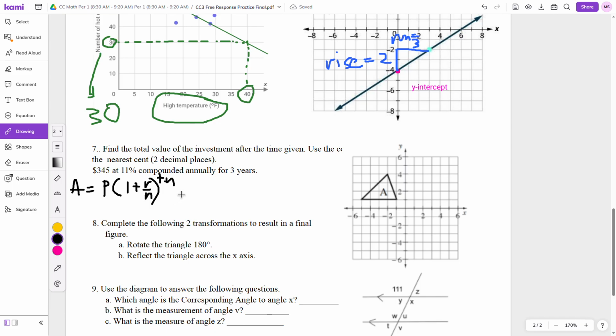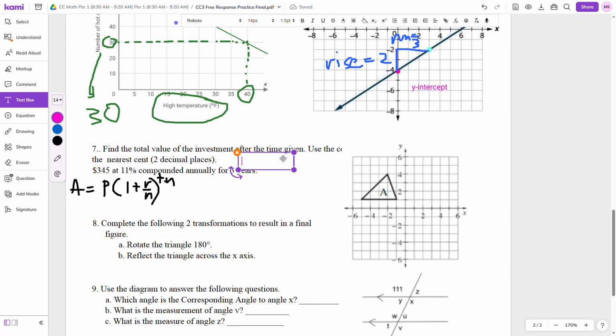Okay, and so once we have that, let's talk about what each of these are. So we have P. P equals the principal, which is just saying it's the starting amount. r is the interest rate as a decimal.